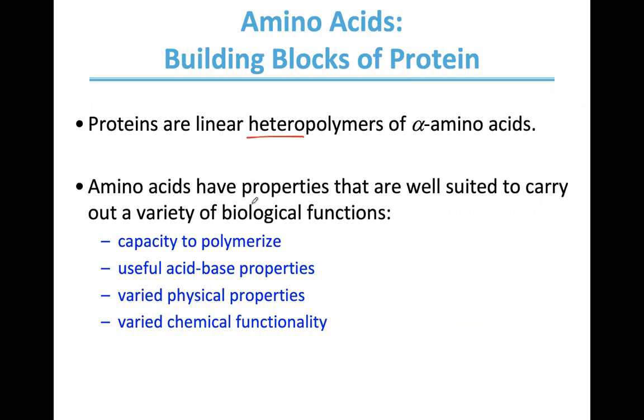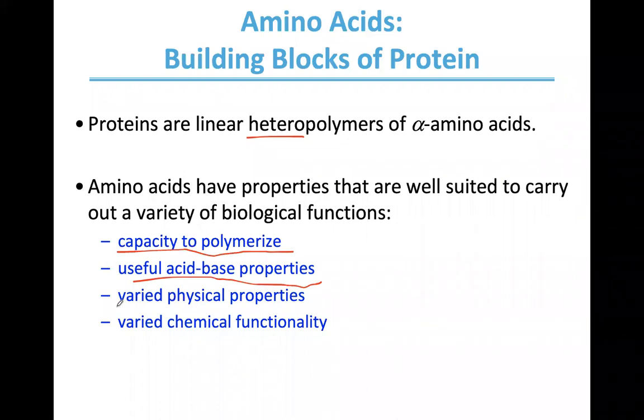Right, so amino acids have properties. Why are proteins composed of amino acids? Because they have the capacity to polymerize. You need a monomer that can undergo polymerization, and that once polymerized will have useful acid and base properties. Remember hydrogen bonding; we want proteins to be able to make those.